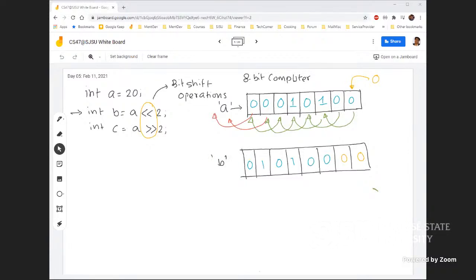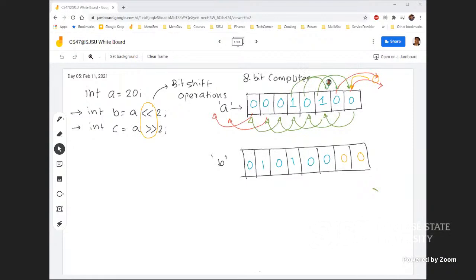Similarly, for this one, where it is trying to right shift 2 bits on the bit pattern that belongs to A, what will happen is just the reverse, the other way. So these bits will be thrown away, and then this bit will move to this position, this bit to this position, and so on.